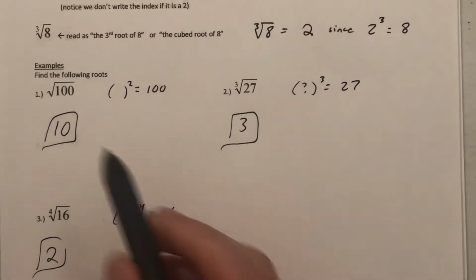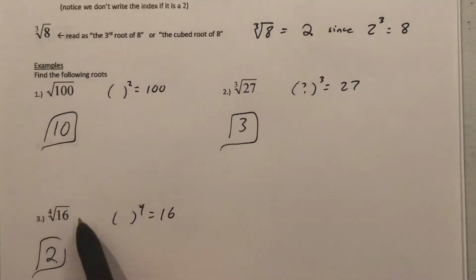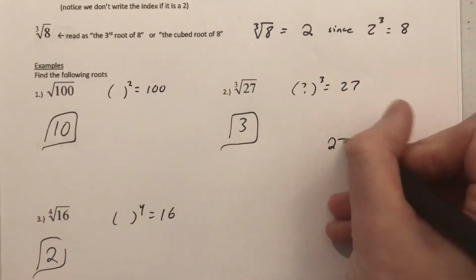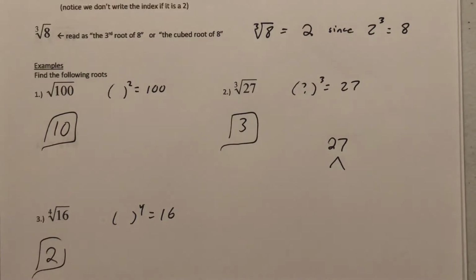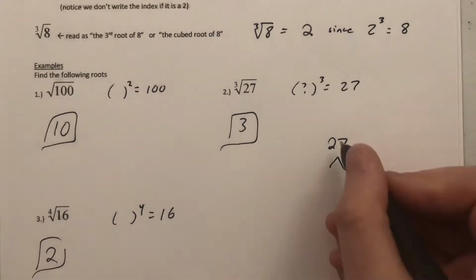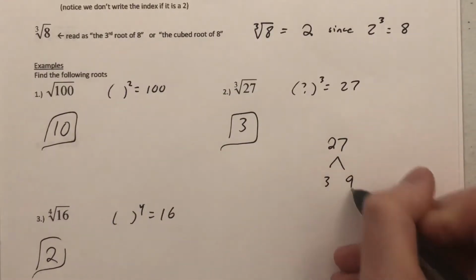Now, as the radicand gets much larger, this becomes something you're definitely not expected to do in your head. There are approaches that we will use to find them. One approach would be to take any number, I'll go back to this 27, and start breaking it down using a prime factorization tree. Think of any two numbers that give you 27, in this case 3 and 9.